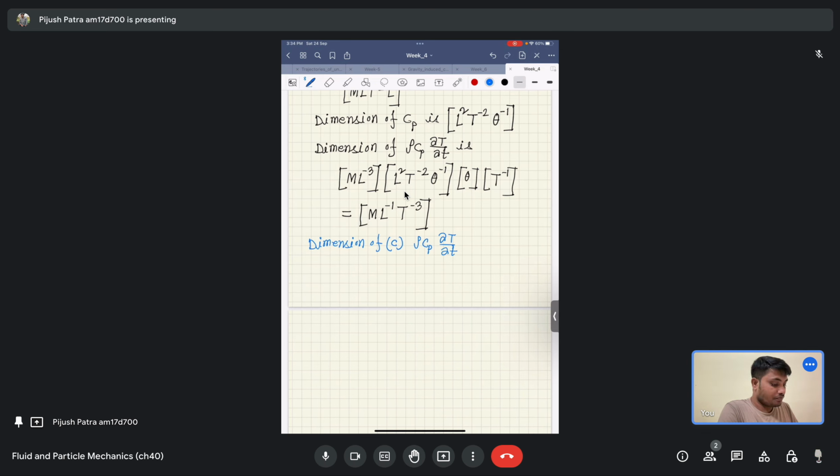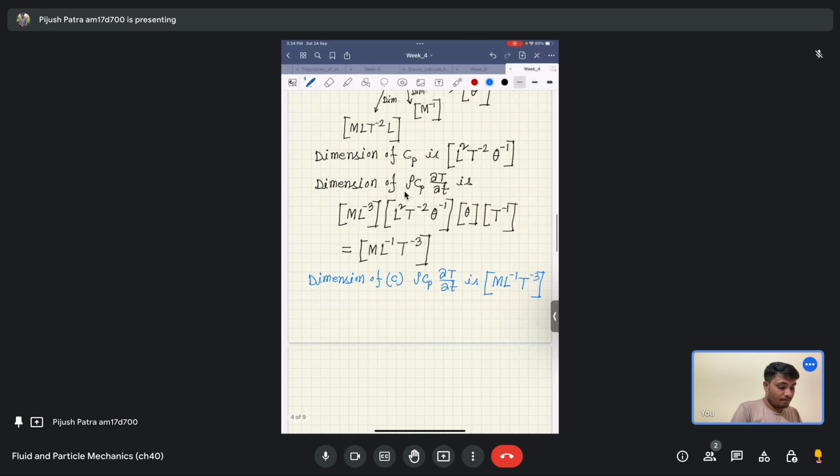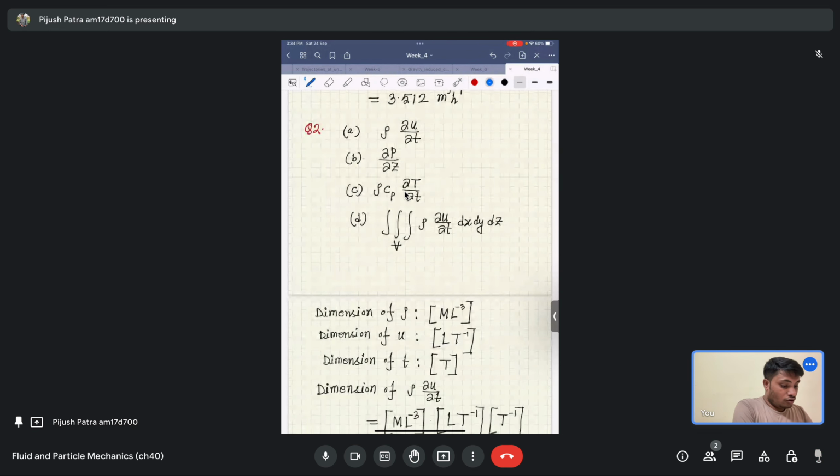Okay, this is m L to the power minus 1, T to the power minus 3. That's all. And the last term which is remaining is, so it is like the volume integral of this term.